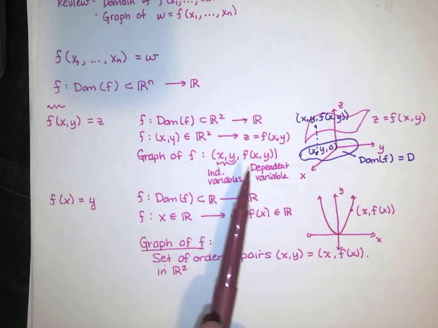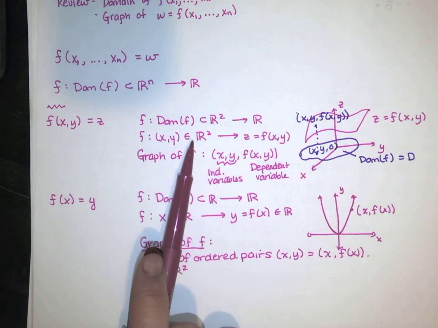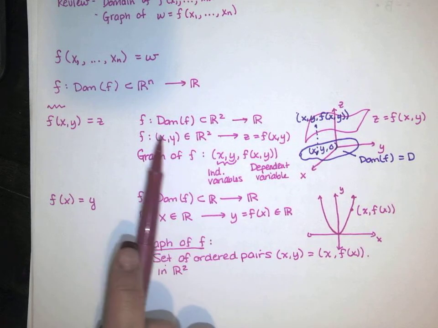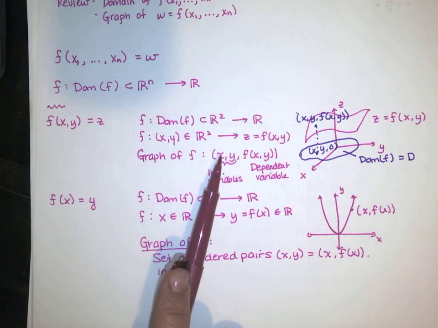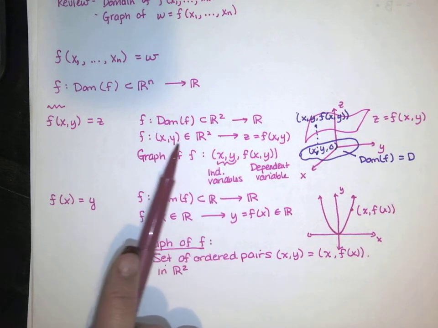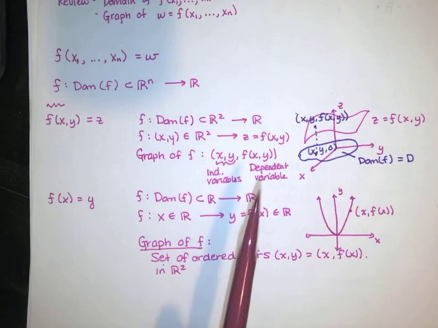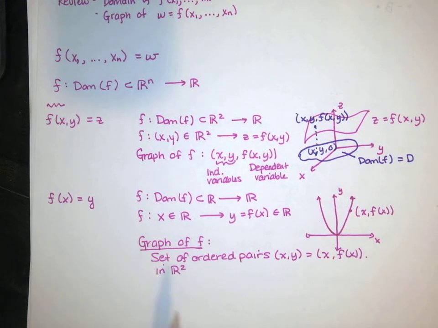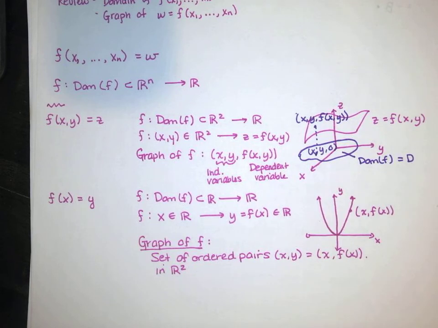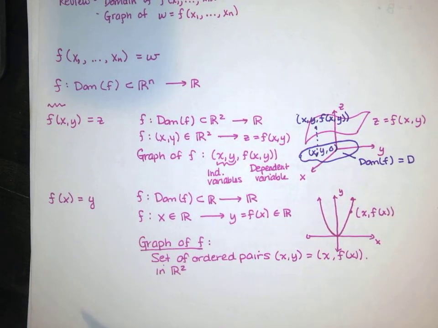But notice I need 3 coordinates. I need 2 coordinates, 1 for each of my independent variables, and then I need 1 more for my dependent variable. So a graph of a function of 2 variables lives in 3-dimensional space. The graph of a function of 1 variable lives in 2-dimensional space.